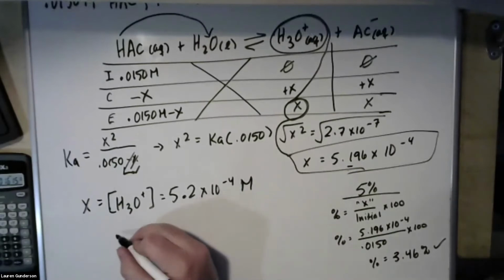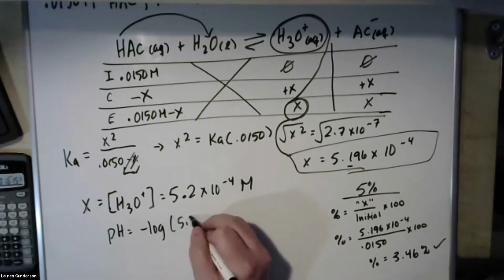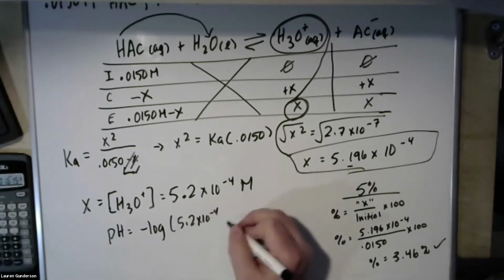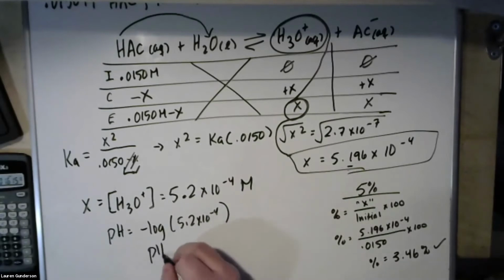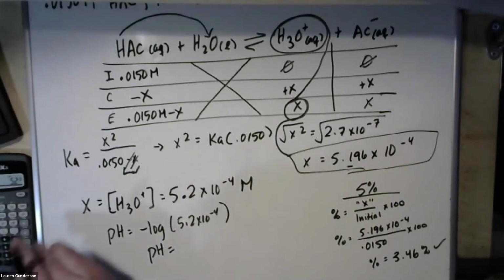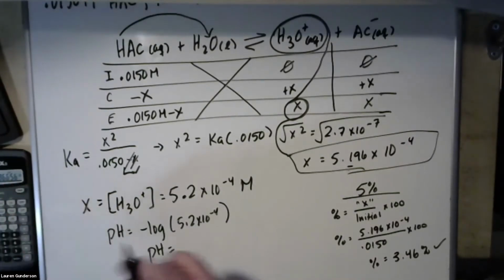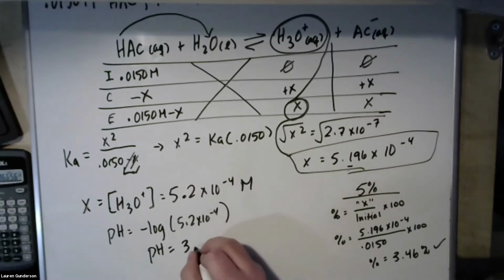And I'll use that concentration to find the pH. Get a pH of like 3.28. Oh, yeah, 3.28.